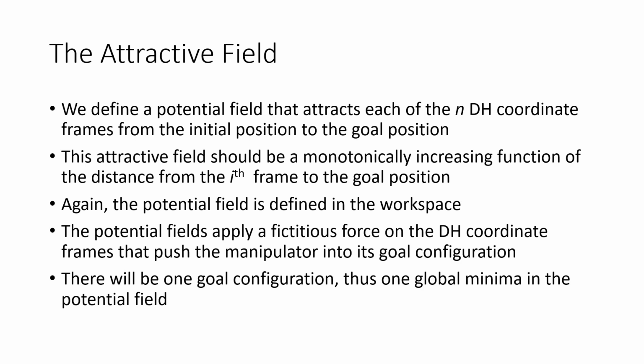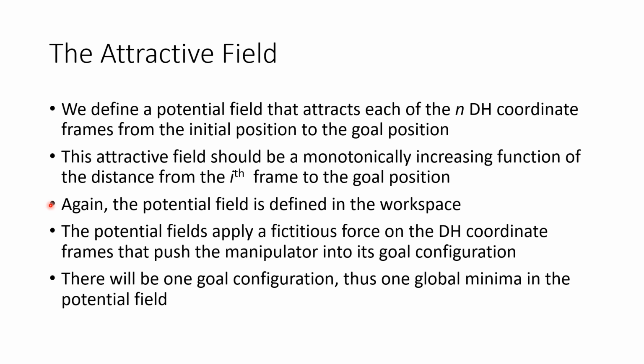Initially, we have to define the attractive part of the potential field. By attractive, we mean that it attracts all the Denavit-Hartenberg coordinate frames that you have attached to all the joints. But also the condition is that this field must be a monotonically increasing function so that you can take the gradient of it later on. And we should emphasize once again that the potential field is going to be defined in the workspace.